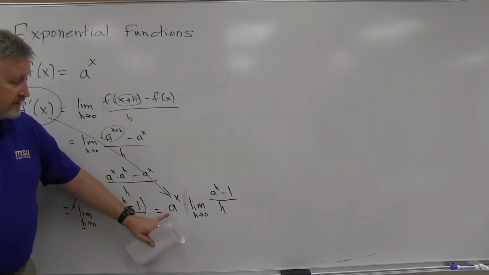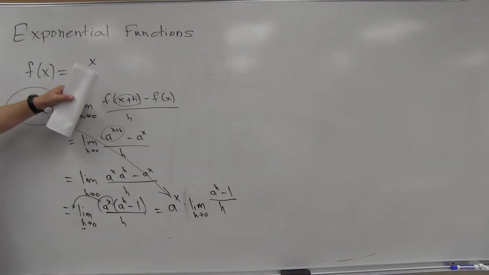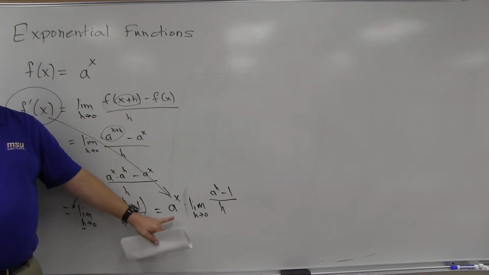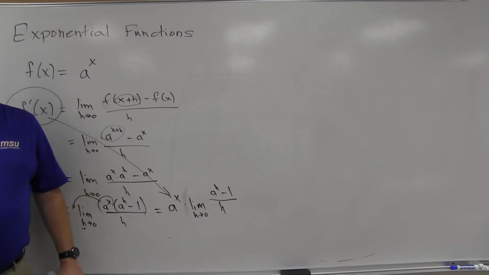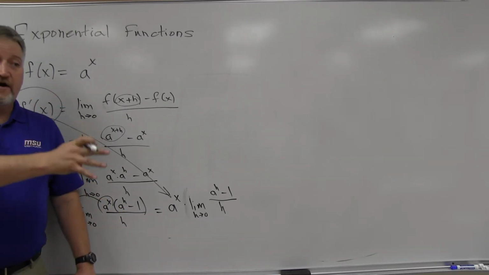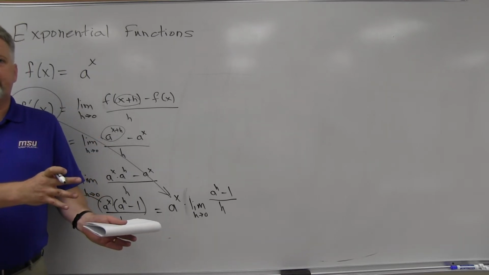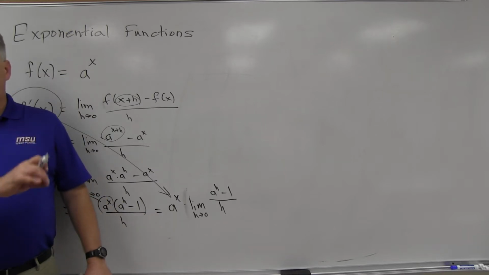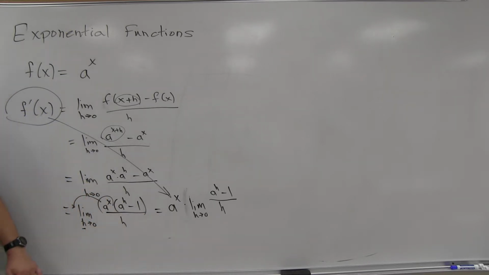And so notice one thing about the derivative of a to the x: part of the derivative is itself. The derivative of a to the x, or a number to the x power, part of it is itself. That's interesting because we've never had that happen. But part of the derivative of a to the x is a to the x.